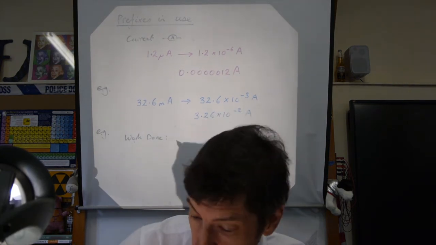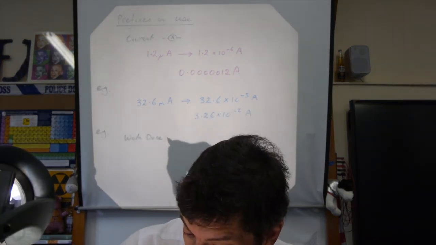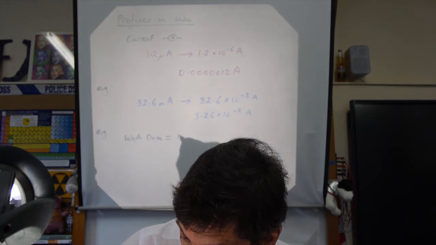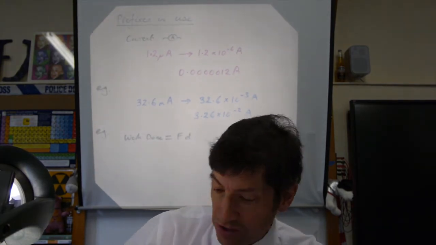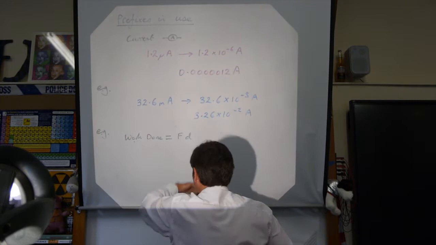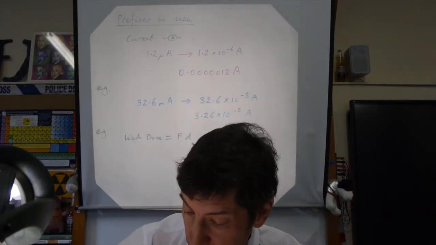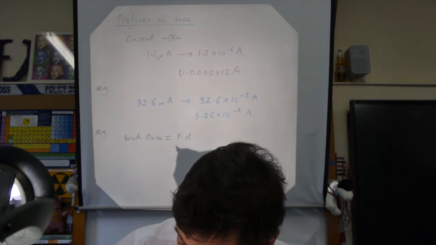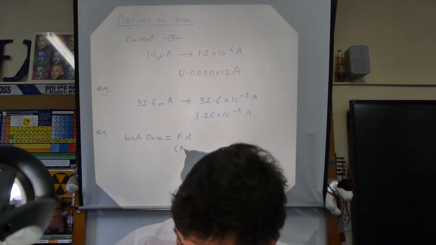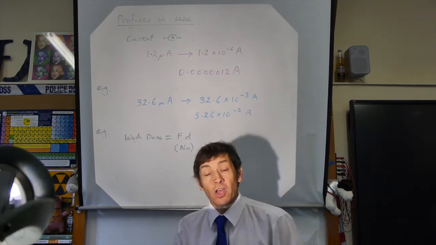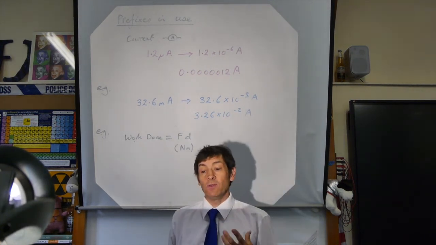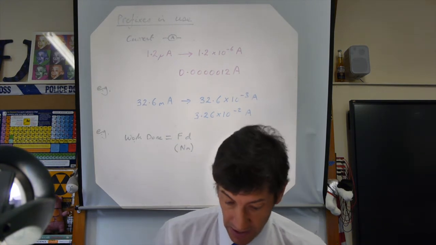But it's also the case that work done is equal to force times distance. I won't go into the exact detail, and the force must be in parallel to the distance you move, all that sort of business. Let's not worry about that. So it's going to be measured in units of Newton meters. You can get some really weird ones like this.